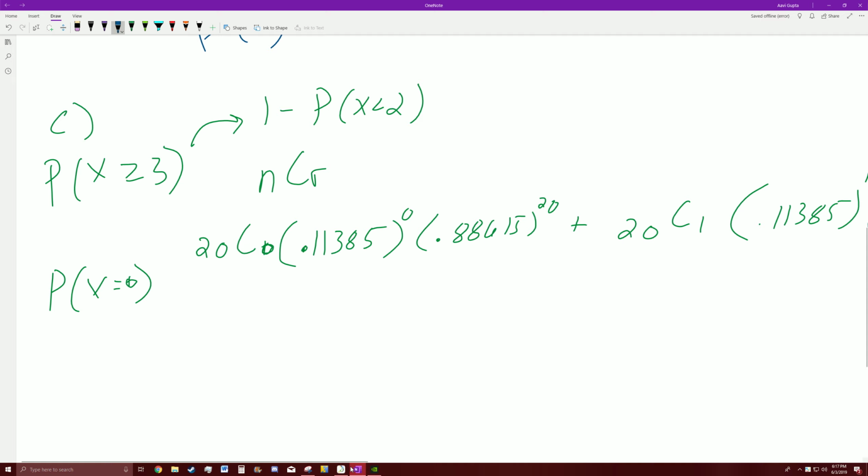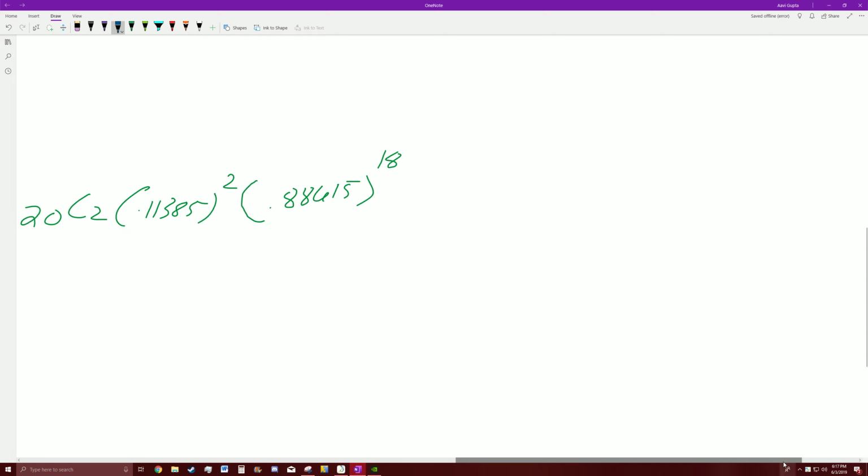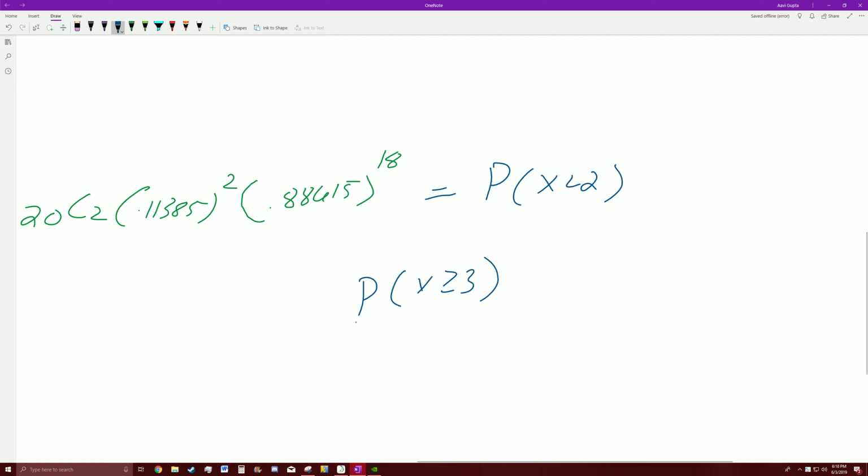I can say that this entire expression is equal to the probability that X is less than 3. But we want the probability that X is greater than or equal to 3, right? And we know that the probability that X is greater than or equal to 3 is just equal to 1 minus the probability that X is less than 3.